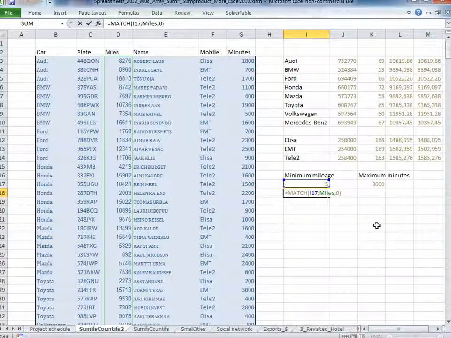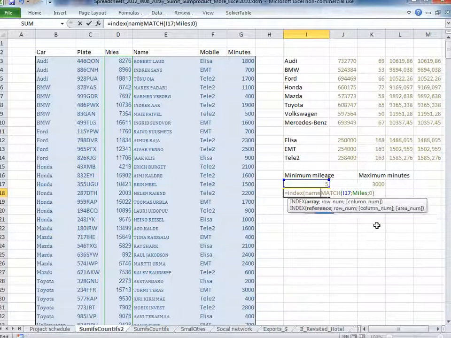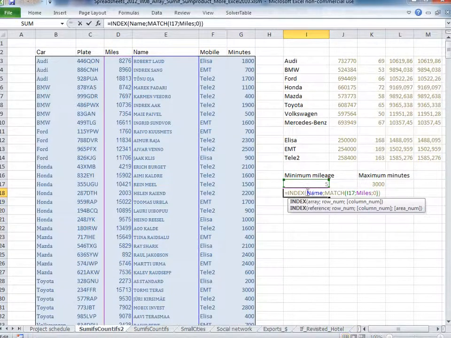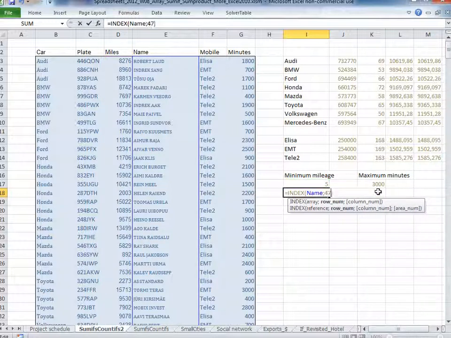So we'll write equals INDEX, parenthesis, the block name is name, and we take from name block the 47th. Remember that MATCH was inside INDEX, so it was run first. So what happens first is MATCH is run, and 47 is the answer, and then INDEX name 47 gives us the 47th name, and the answer is Viljärveski as expected.